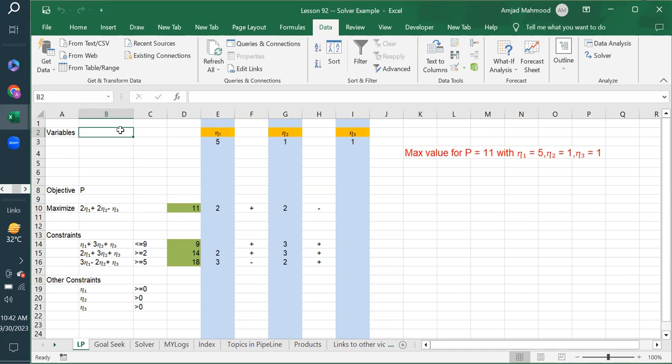If you're a teacher, you can groom your students using Excel skills, right?